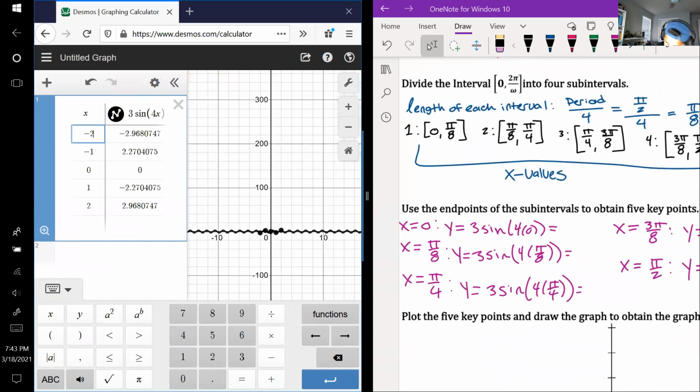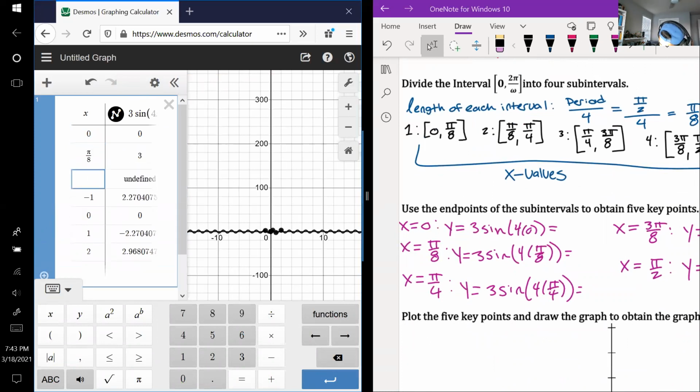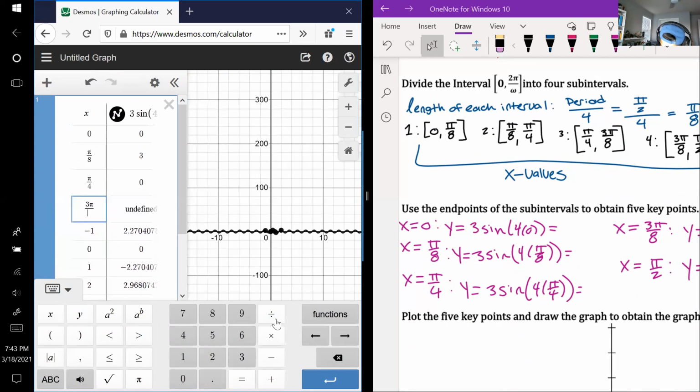So this means that 0, pi over 8, pi over 4, 3 pi over 8, and pi over 2. Look how nice that was.